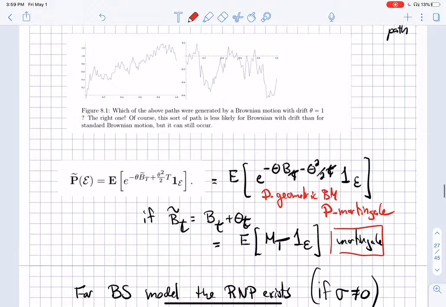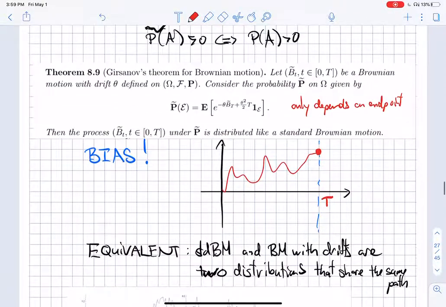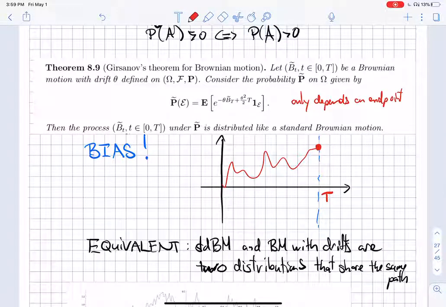Okay. Now, let's go back to this. Let's read a little bit more about this theorem. There's a lot to unpack. So what's the idea here? You have a Brownian motion with drift. A typical path, if the drift is positive, goes up. There's a trend.